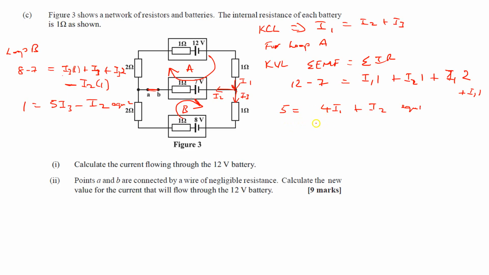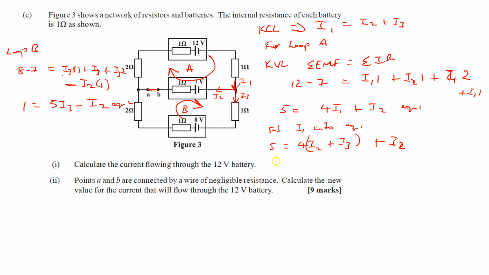The first thing I will do here is substitute I1 into equation 1. Right here I know that I1 is equal to I2 plus I3. So when I do that, I'm going to have 5 is equal to 4, in brackets, I2 plus I3, close the bracket, plus I2.